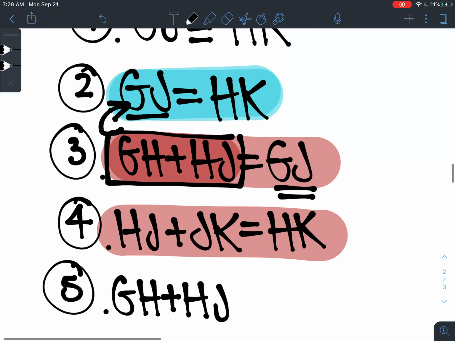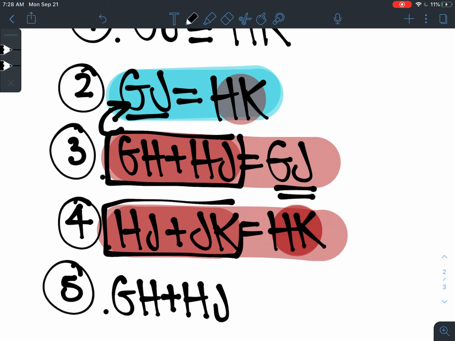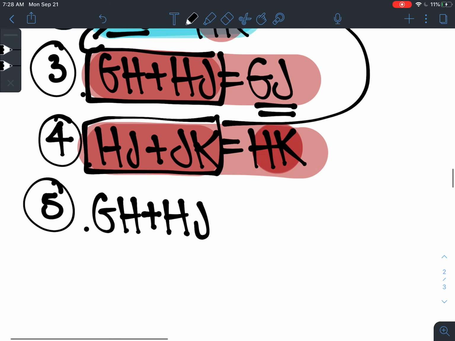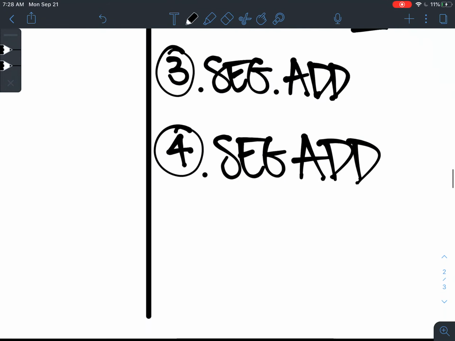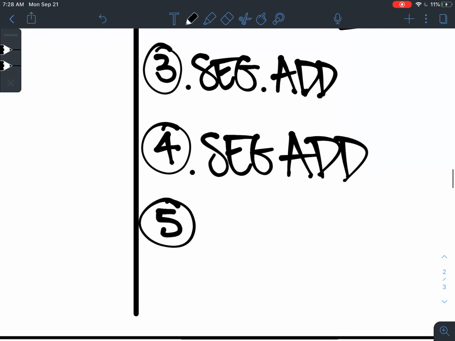Same idea, I have HJ plus JK equal to HK. I have HK up here. So I'm going to take HJ plus JK, and plug it in for HK right there. So at this point, I'm going to have GH plus HJ equals HJ plus JK. And that's through substitution.